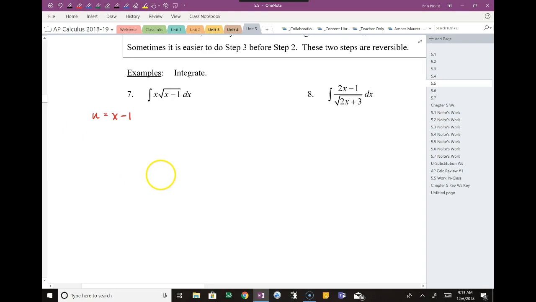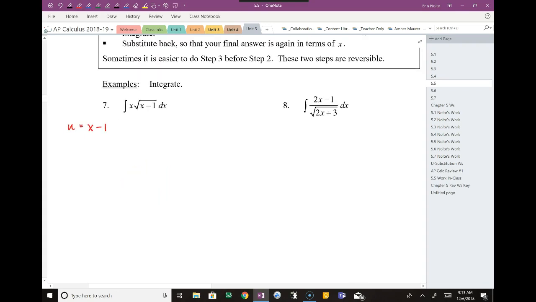Second step is now I'm going to solve for x. If I isolate my x in this equation, what is my x equal to? Okay, x is going to equal u plus 1. My third step is to derive it in terms of x.